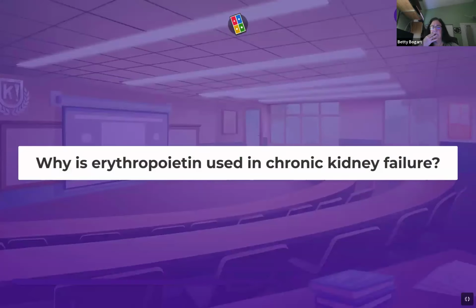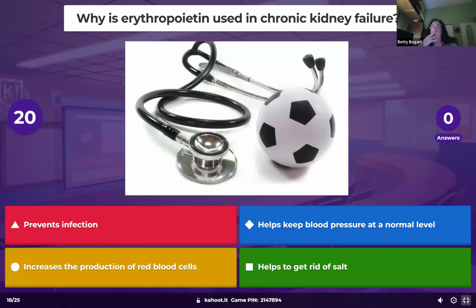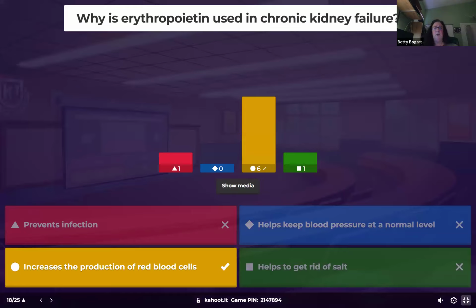Why is erythropoietin used in chronic kidney failure? Erythropoietin is a drug given sub-Q, and it increases the production of red blood cells.